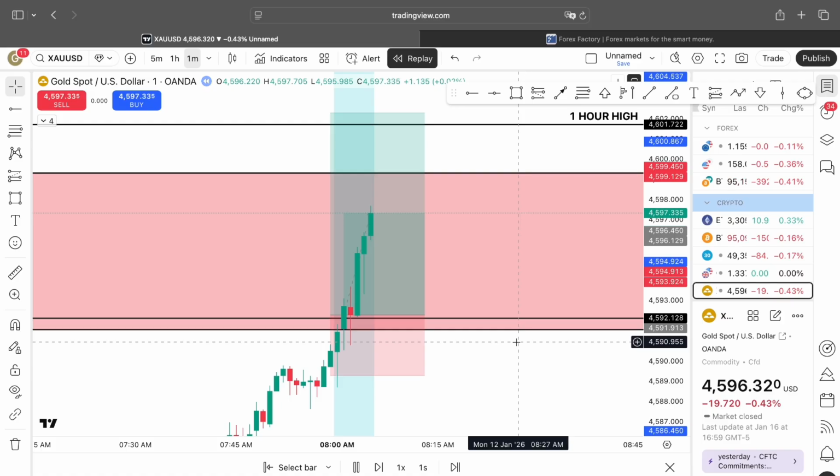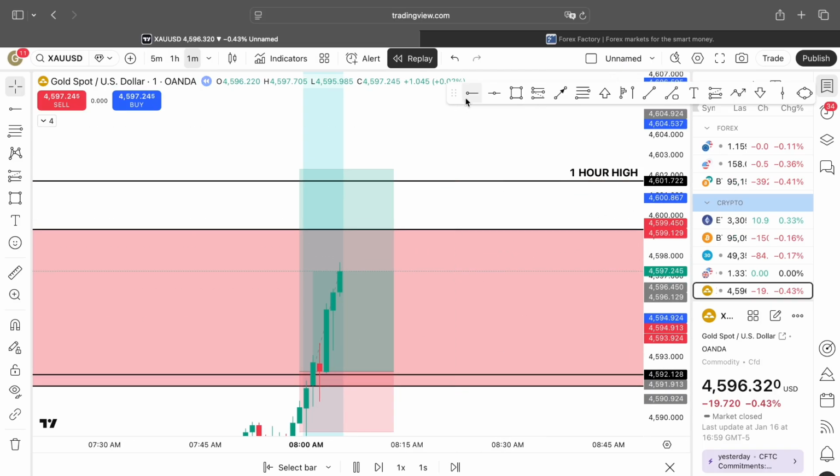I can't wait until after this trade hits TP. I can put my take profit right here.